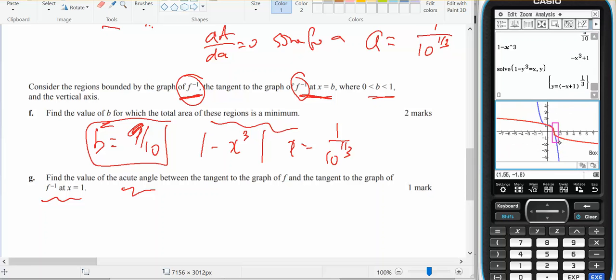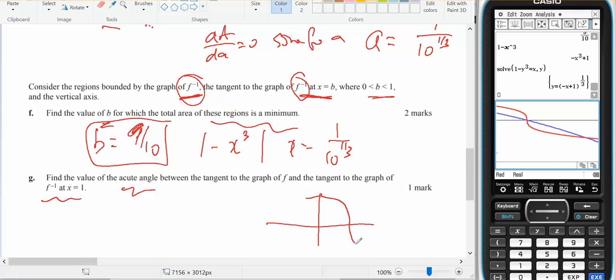So if I look at these two curves, I'm interested in, at x equals 1, the angle between them. Now, the red one, that angle is vertical at x equals 1. So I've got a vertical angle of 90 degrees, and the other one looks like this.